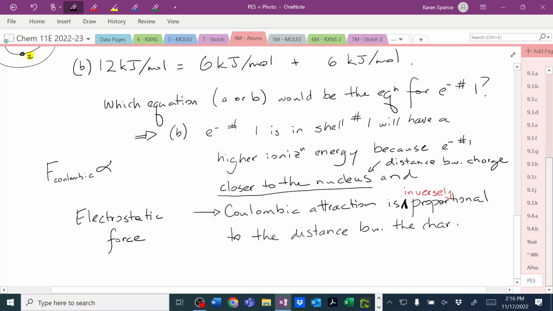Yes, of course. I can also print this out for you at the end as well, okay? So Coulombic attraction is inversely proportional to the distance between the charges, and therefore the closer to the nucleus, the stronger the attractive force.